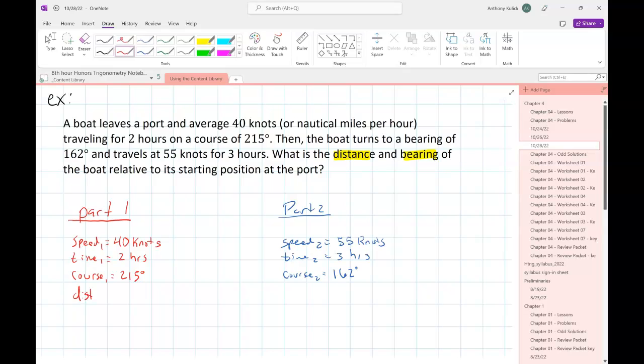Well, let's figure out the distance then for the first leg of our trip. If I'm going 40 nautical miles per hour for 2 hours, how far did I go? 80 nautical miles. Everybody agree with that?